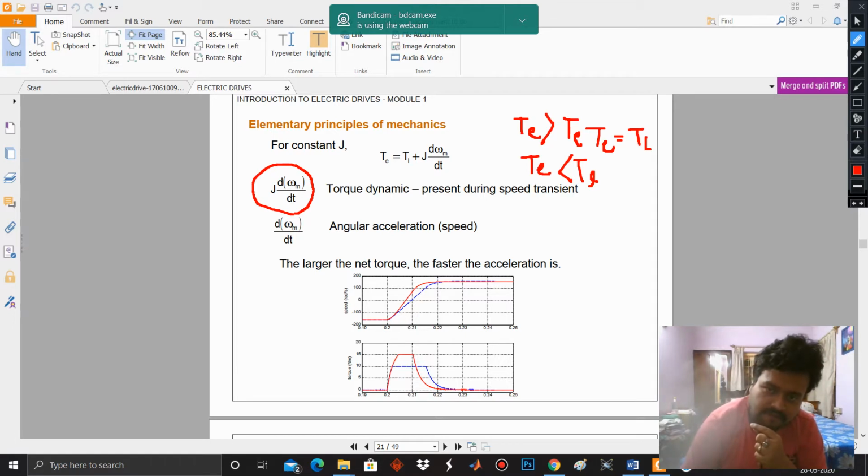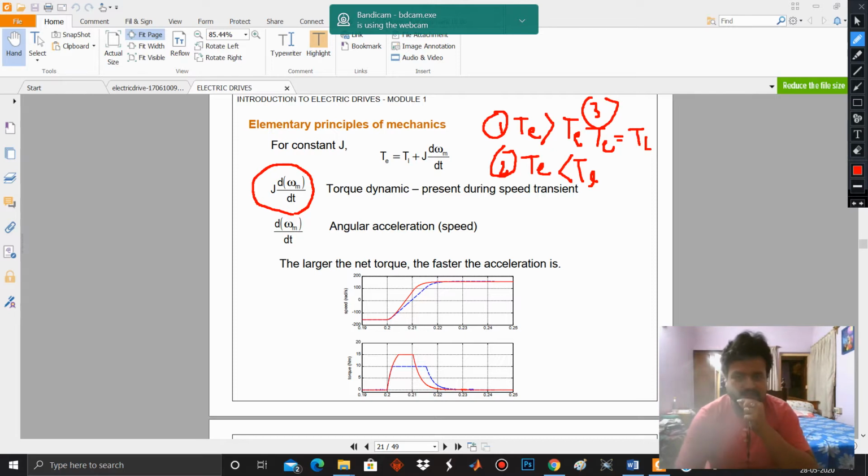Let us consider case number 1, this is number 2, this is number 3. Let us consider the first case where the electromagnetic torque is greater than the load torque.